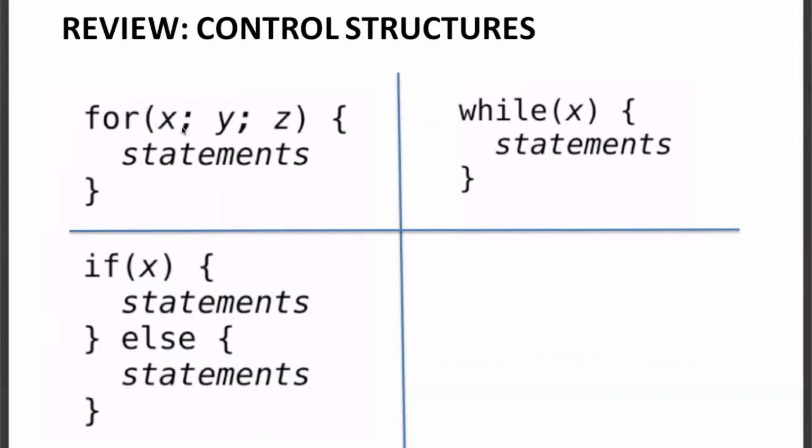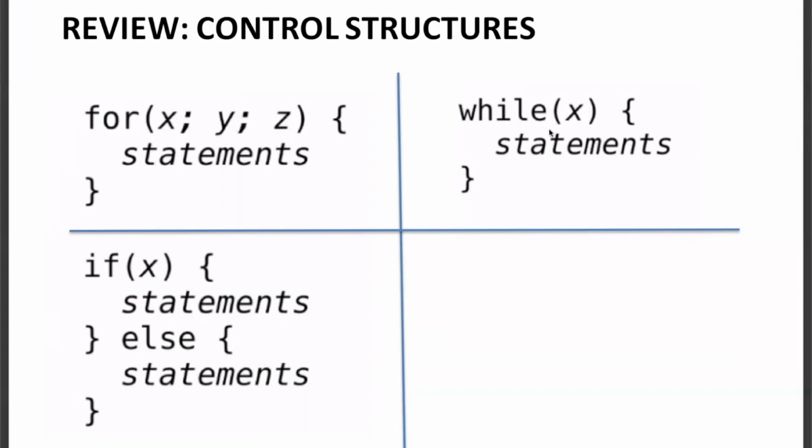They're really never in a negative range, right? There's no reason for it. Y is a conditional statement, so this Y evaluates to true or false. Z is the increment or decrement for the counter. Remember that every single one of these statements ends with a semicolon.